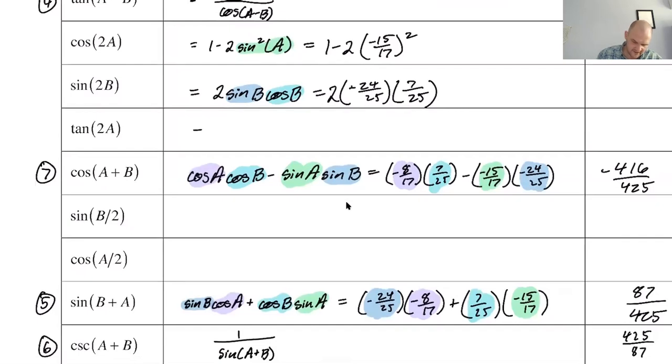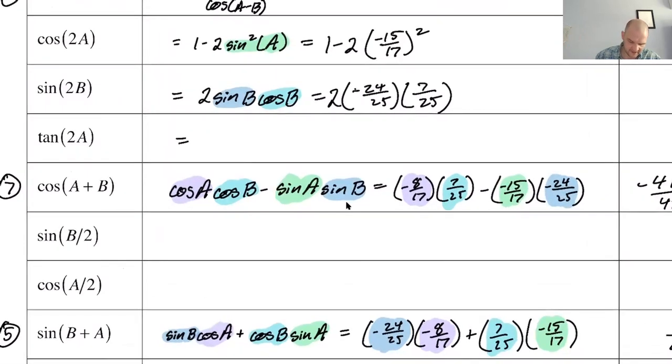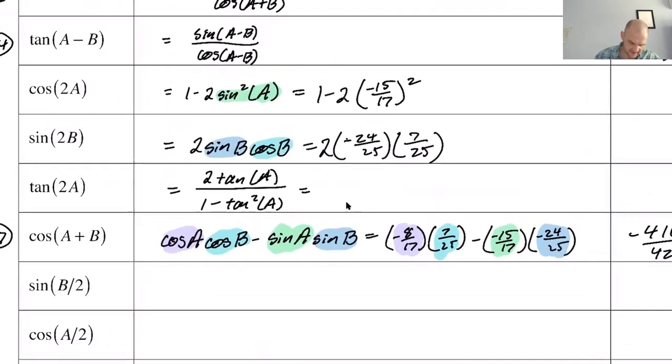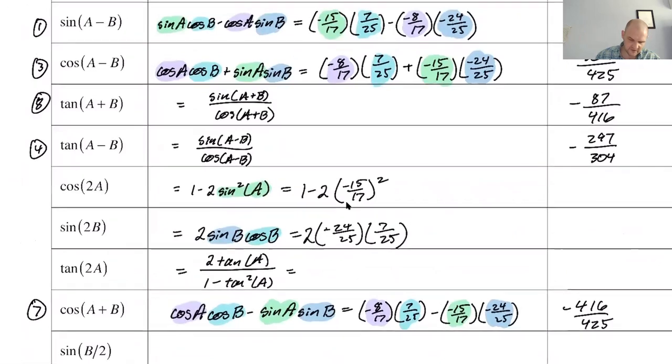Tangent. Would it be faster to just find cosine of 2a and then, no, rather sine of 2a and do sine divided by cosine? Maybe, I don't know. One advantage of that is that I have all the ratios. Here I'm going to have to do 2 tangent of a over 1 minus the tan squared of a. So I need to go up and find the tangent of a. This is the first new one that I needed to find.